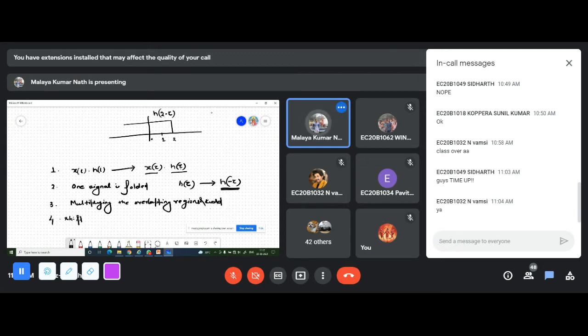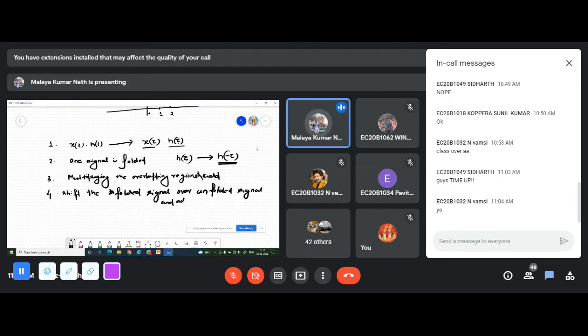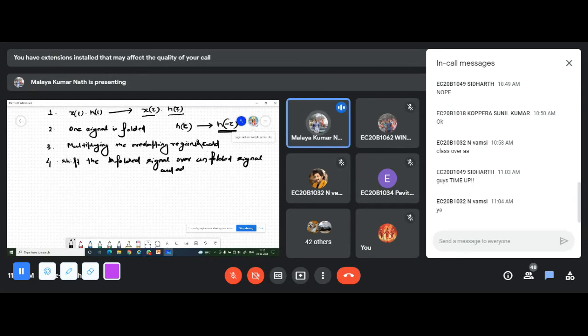Then shift the h rotated signal, or folded signal, over the unfolded signal and add, right? And this process will continue till there is no overlapping.